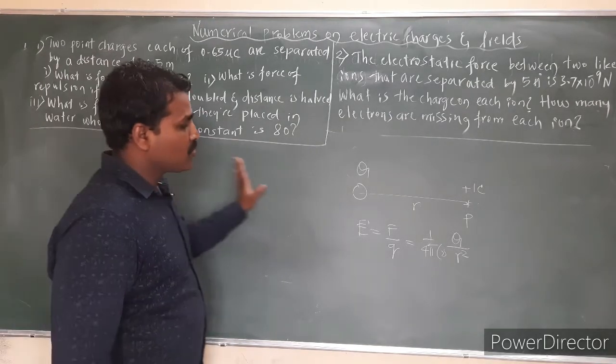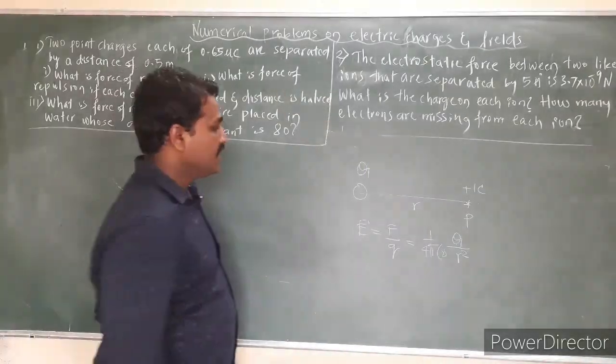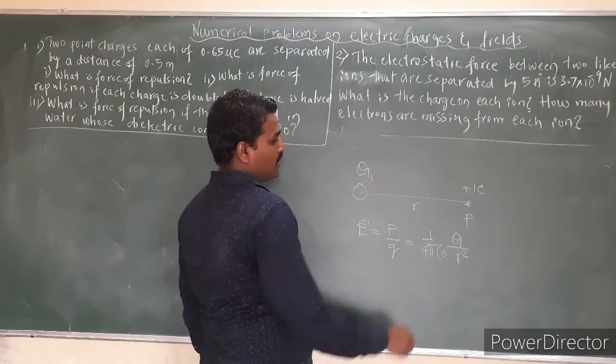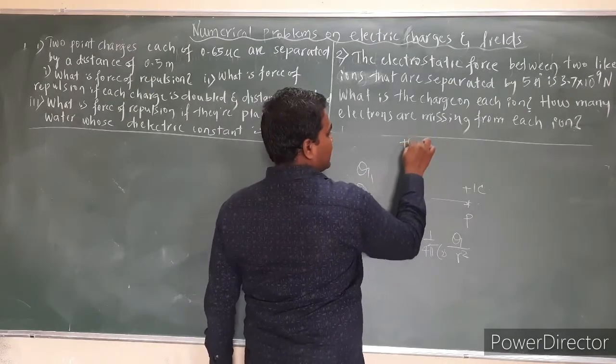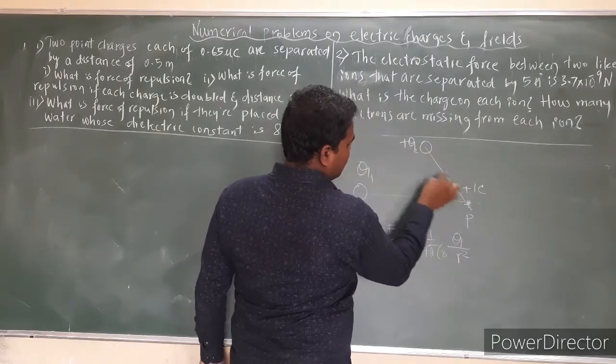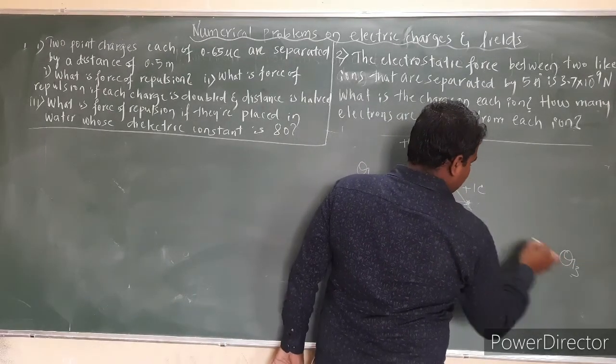The principle of superposition is applied for electric field intensity also. See here, if I have one charge, let me write capital Q1 here, and let me consider another charge capital Q2 here. At this point there will be an electric field because of charge Q2 also, and there will be an electric field because of charge Q3 also here.